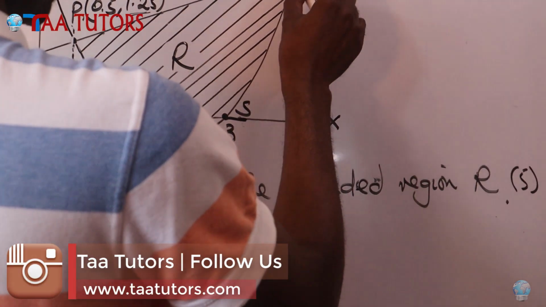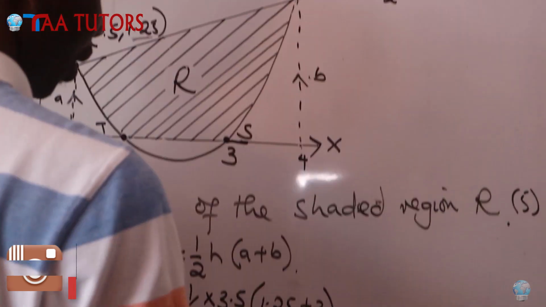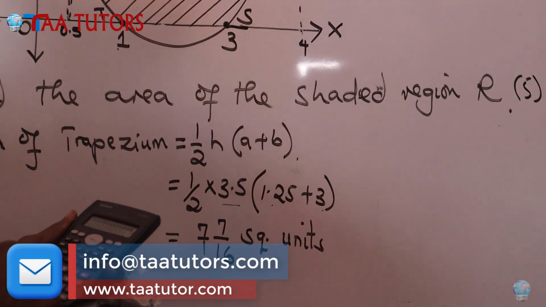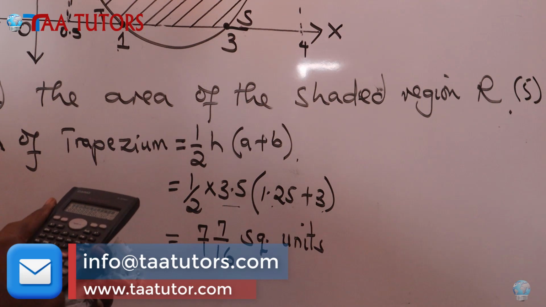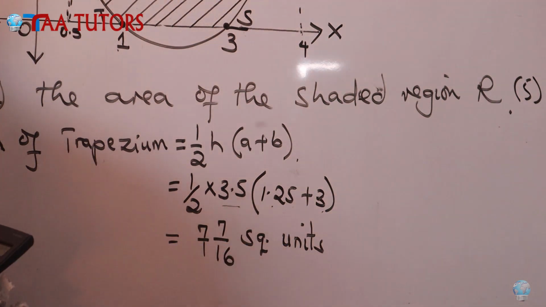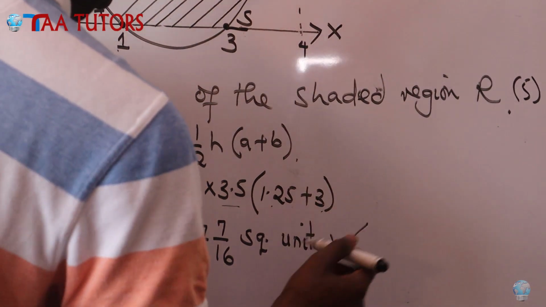Then this one here is 3, the y value of coordinate Q. If you add that plus that, 3 plus 1.25, get 4.25 times 3.5. Then divide by 2, we get 7 and 7 over 16. Now we have done with that.